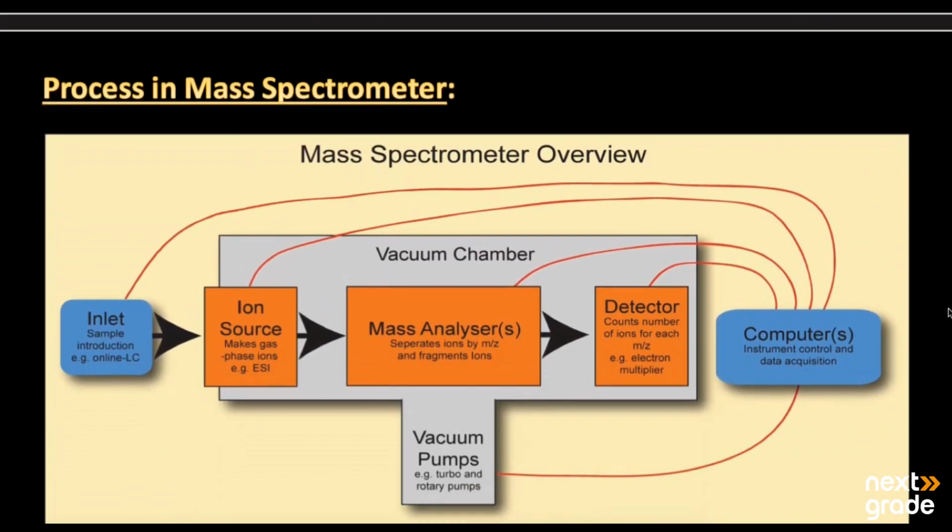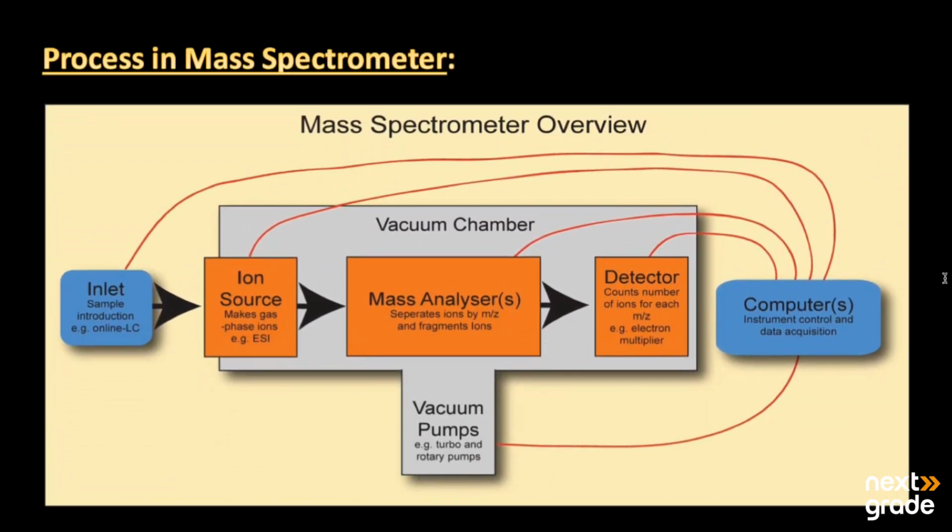Next, we have the process in the mass spectrometer. That was just the internal section. Now we have the main process. First is the inlet, where we introduce the sample.